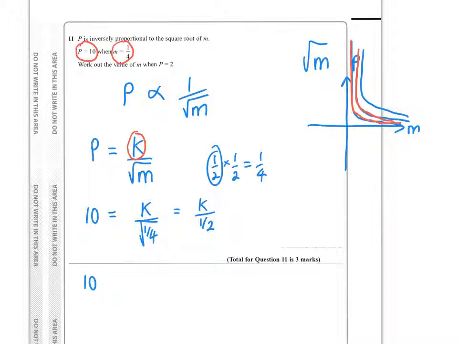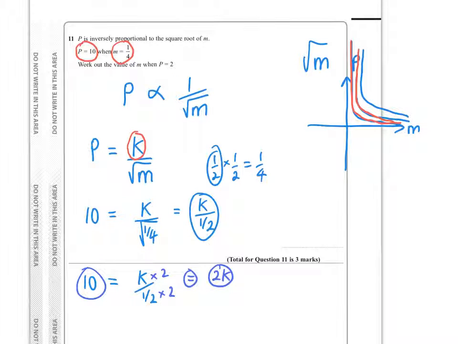So that gives us 10 is equal to k divided by 1/2. So the nice way out of trouble for this one, if you're not sure, is to just double top and bottom here, because they're making an equivalent fraction. And that would give us 2k over 1, which is just 2k. So that means 2k equals 10. So then k is 5.